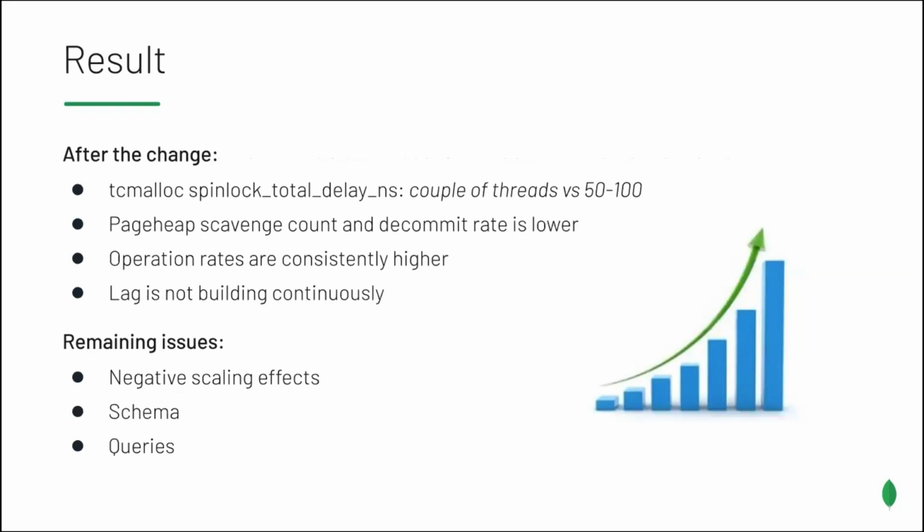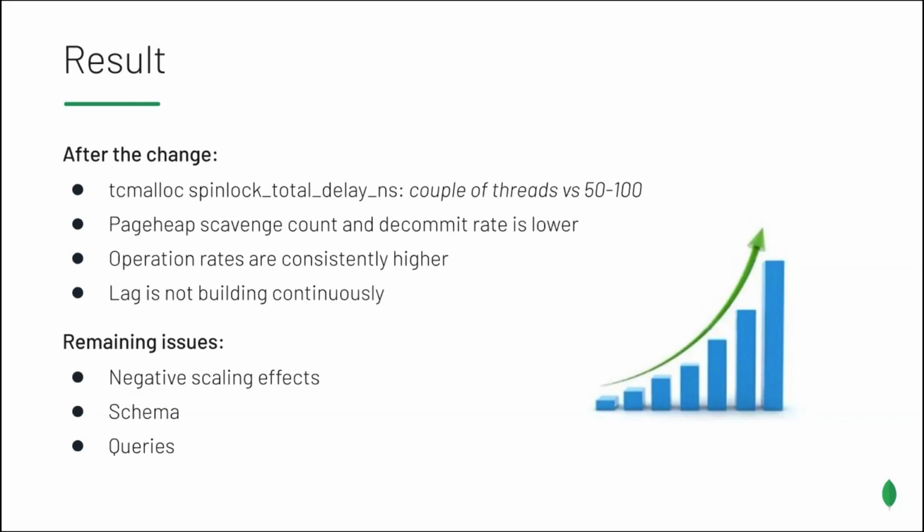Now, the result. We worked with the customer and made the change to improve the memory allocator performance. After the change, spinlock is consistently lower, a couple of threads versus 50 to 100 before the change. There are still occasional spinlock spikes. Scavenge and decommit rate is lower.